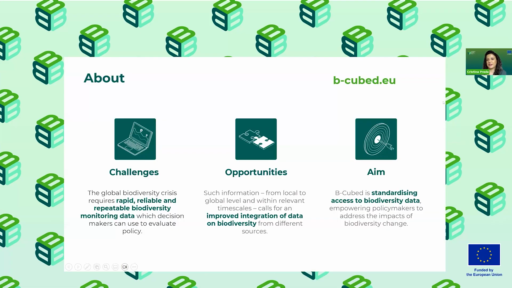It is a project that is aiming to improve the integration of data on biodiversity from different sources, making it more accessible, more rapidly, and more reliable, using repeatable workflows, which is what we'll be discussing today as well.